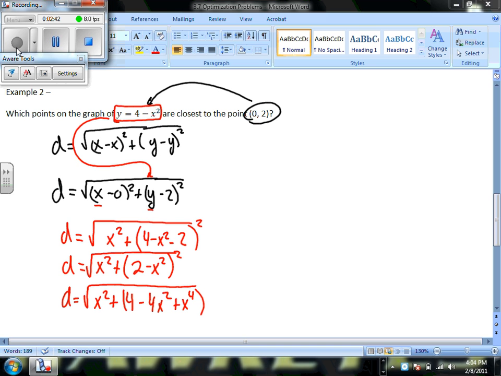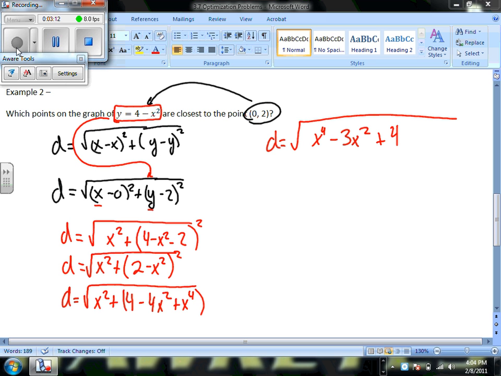And then let's combine like terms, so we'll have d equal to the square root of x to the 4th minus 3x squared plus 4. So there we go. We've taken our primary equation, simplified it down into one variable, and now we need to minimize it.